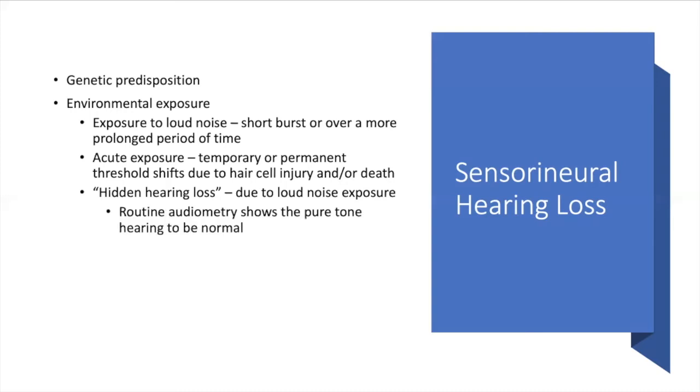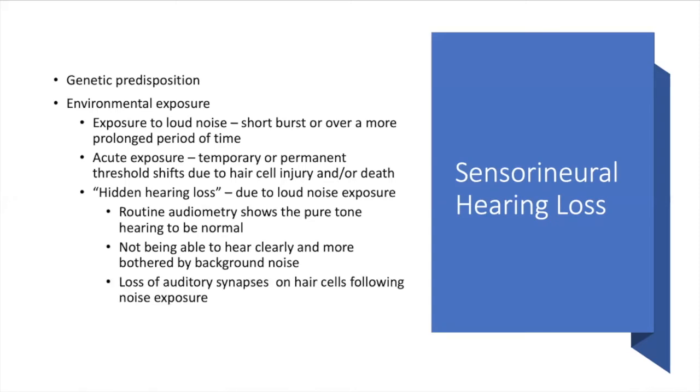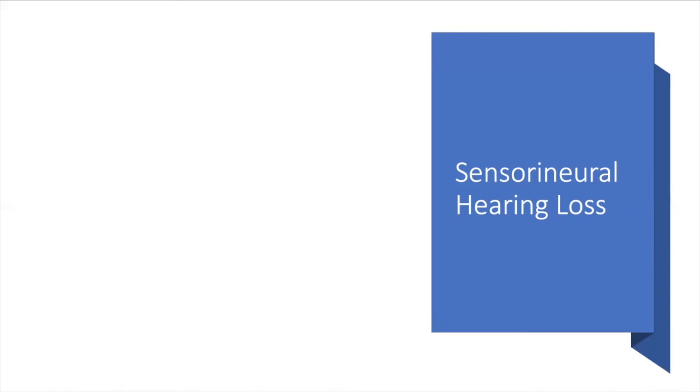Hidden because routine audiometric tests show the pure tone hearing to be normal. Patients usually complain of not being able to hear clearly and are more bothered by the presence of background noise. In contrast to hair cell loss, hidden hearing loss is thought to be due to loss of auditory synapses on hair cells following noise exposure.